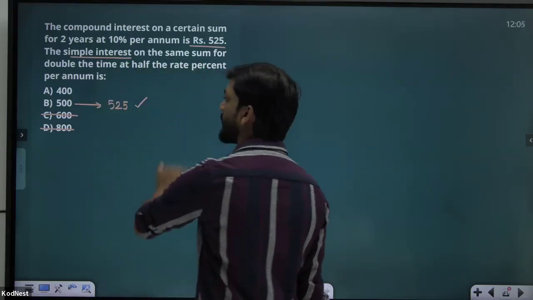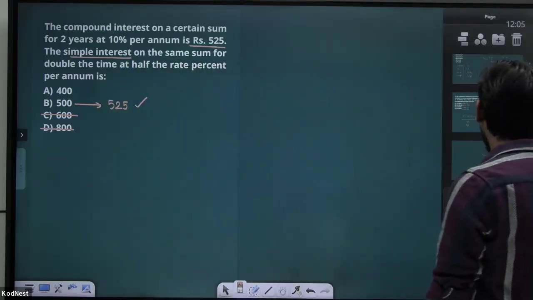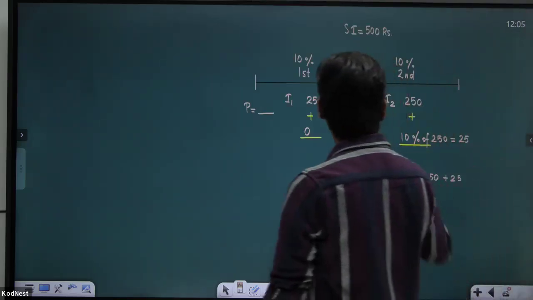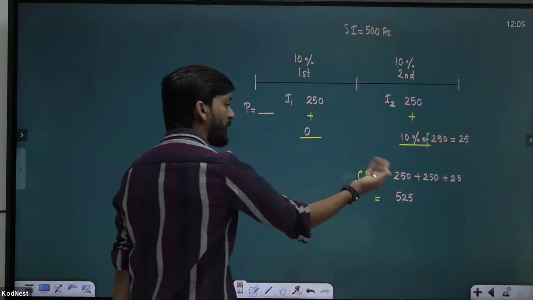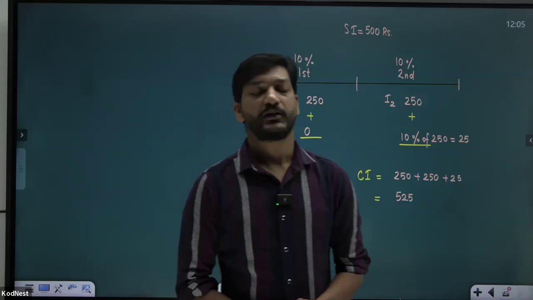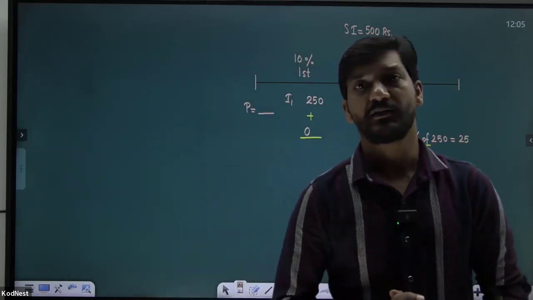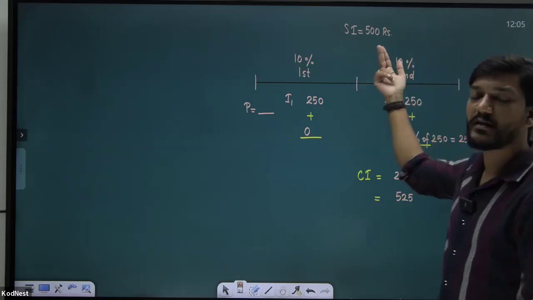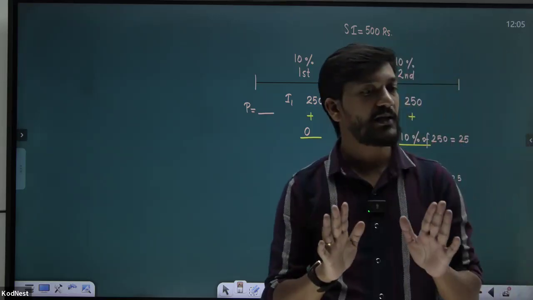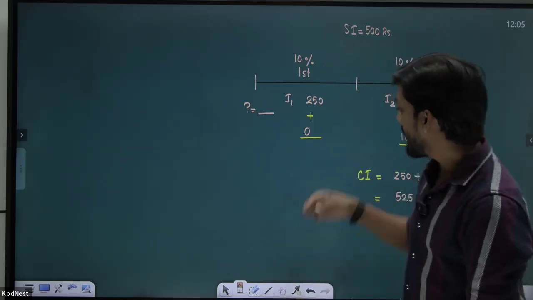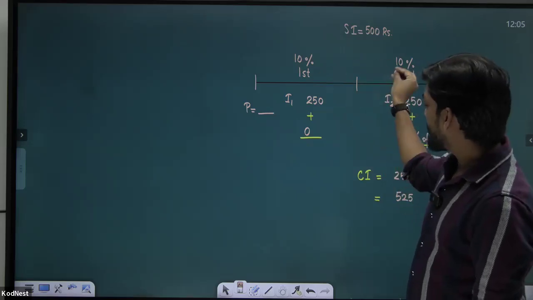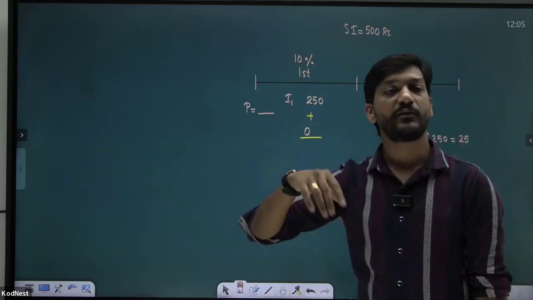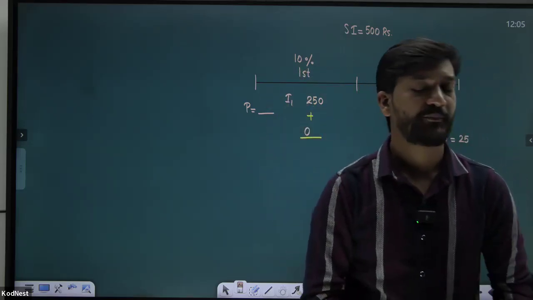That's why it is correct. You have already solved that: 500 will give you 525. Understood or not? Please confirm this. That is how to calculate compound interest if simple interest is given to us, but the terms and conditions must be the same: rate of interest same, time same, and principal same. Then we do it.